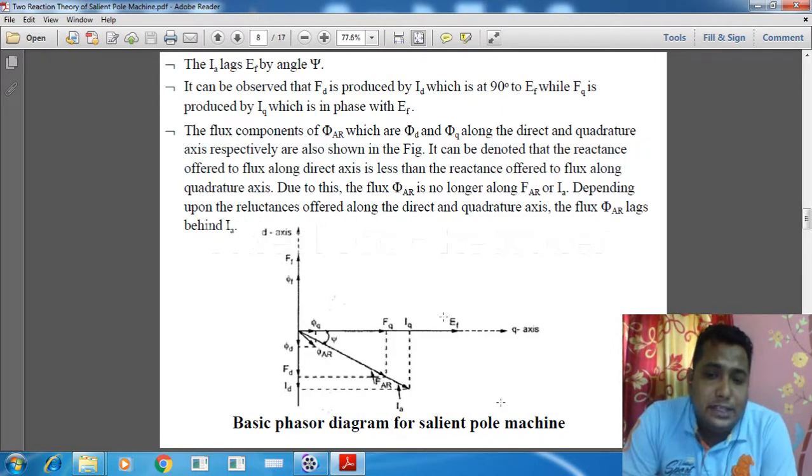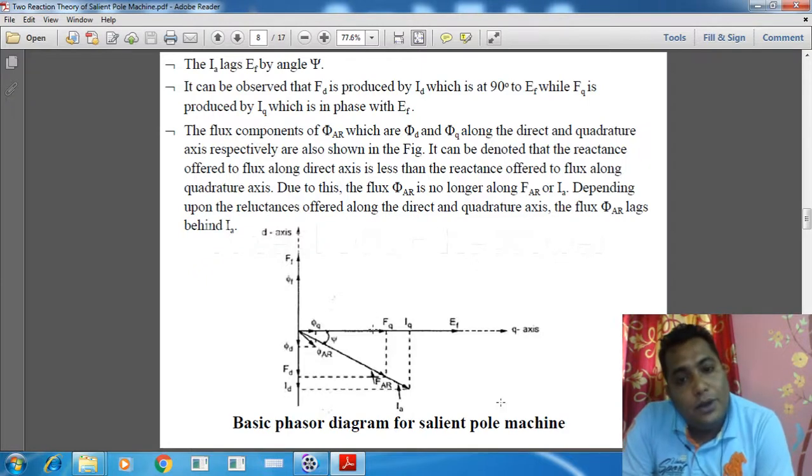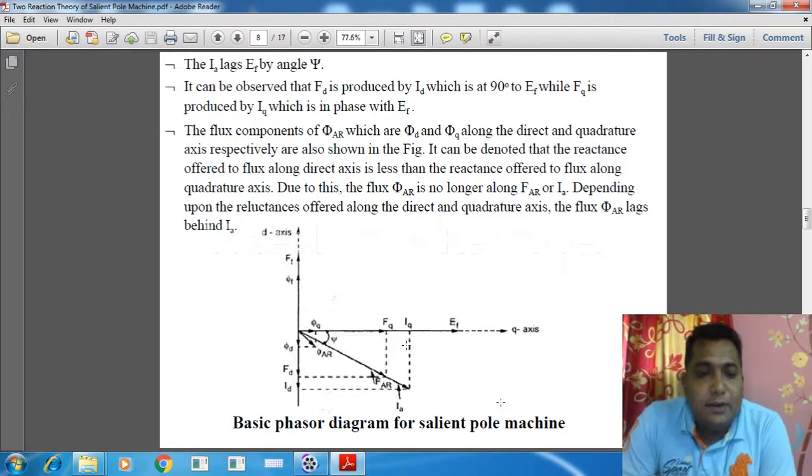As we can see, this Ef is in the axis of this FQ. As it is 90 degrees shifted from this one, this is the resultant, and this angle is xi over here.